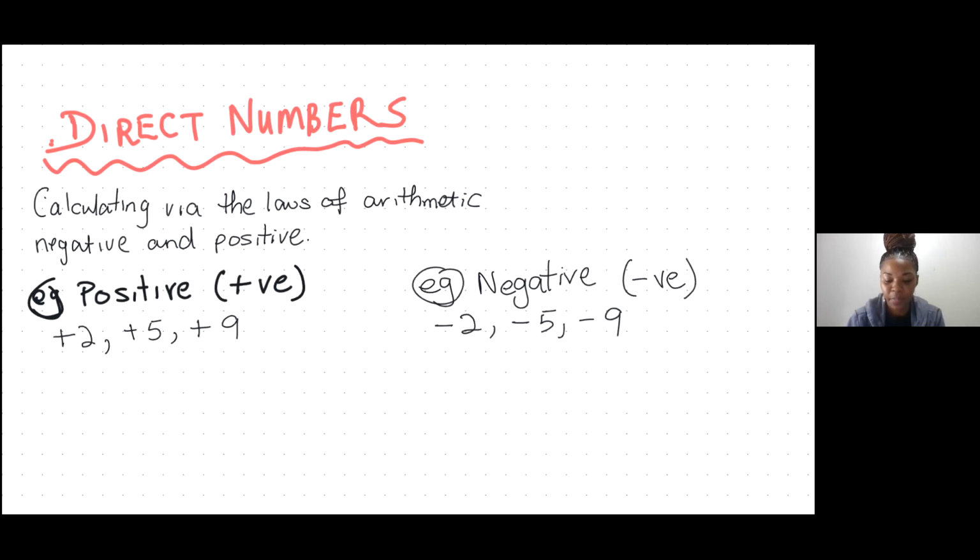a number line. And a number line is a straight line, of course, that has numbers on it, right? So a number line. So let's look at how a number line is made up.